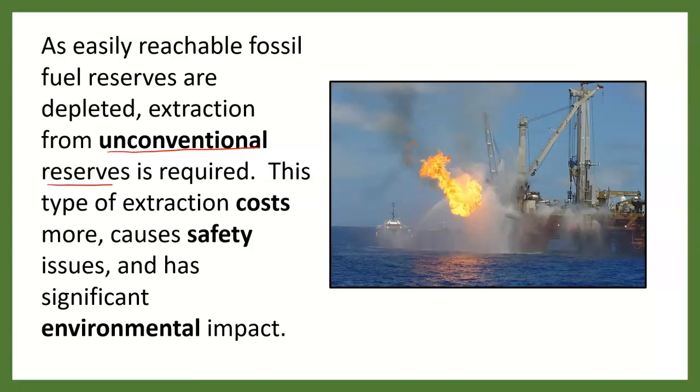However, as that gets lower and lower, it becomes harder to pump it up through the surface because there's less pressure down there, because there's less oil pushing on it. And so we have to either pump it up faster, or extract it from other sources like tar sand, and it's very costly, and it causes safety issues and environmental impacts, including oil spills.